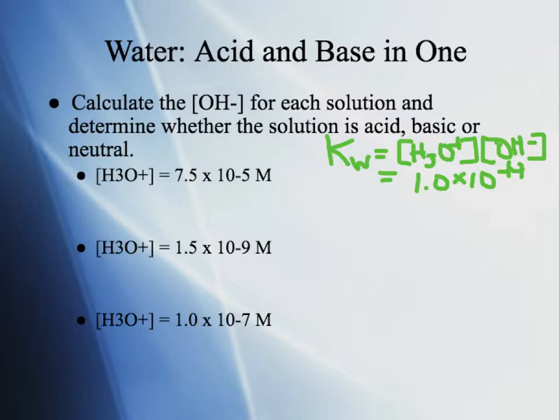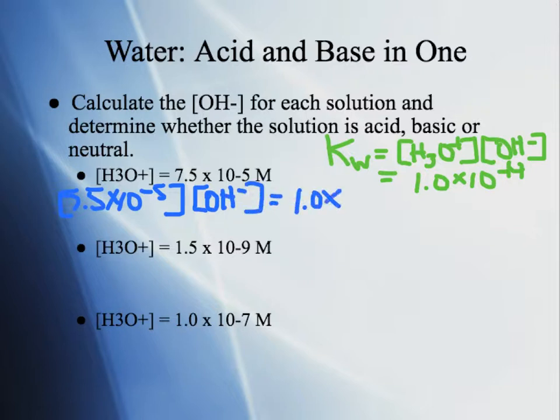So let's take a look at the first one. If the hydronium ion concentration is 7.5 times 10 to the negative fifth molarity, what's the hydroxide ion concentration? Let's plug our numbers into this equation. So we're going to do 7.5 times 10 to the negative fifth times our x, basically, equals 1.0 times 10 to the negative 14.